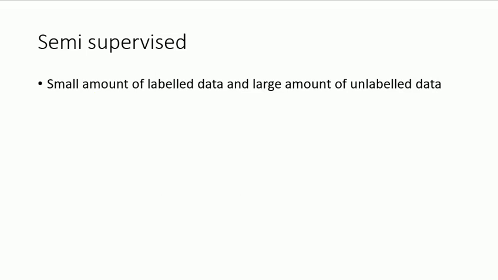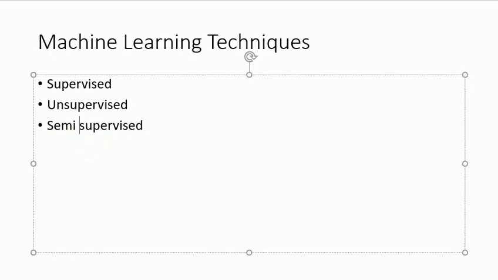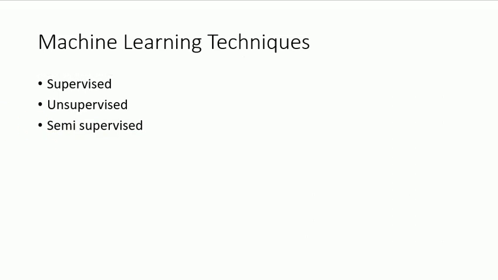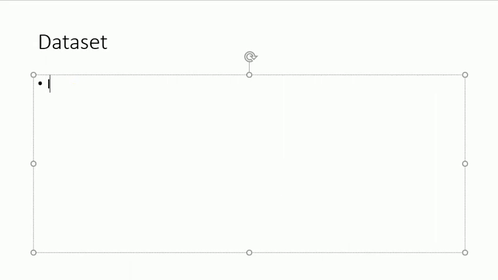Now let us understand what this exactly means. Labeled data, unlabeled data, what does that exactly mean? Let us understand that. So related to the data set we will discuss now. We have two things here. One you can call input, another you can call output.